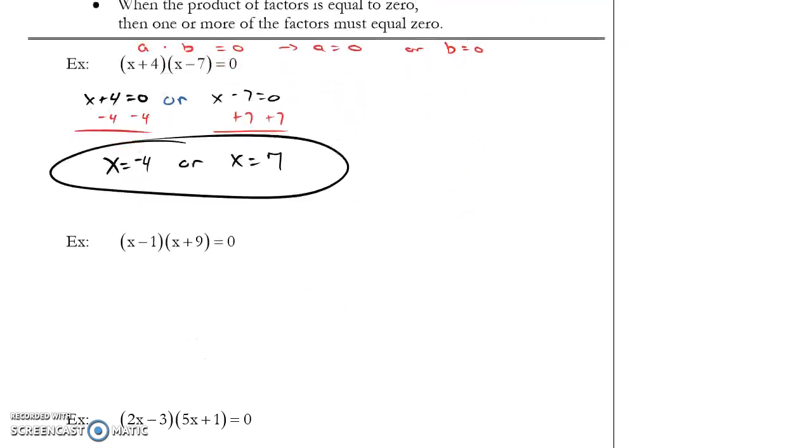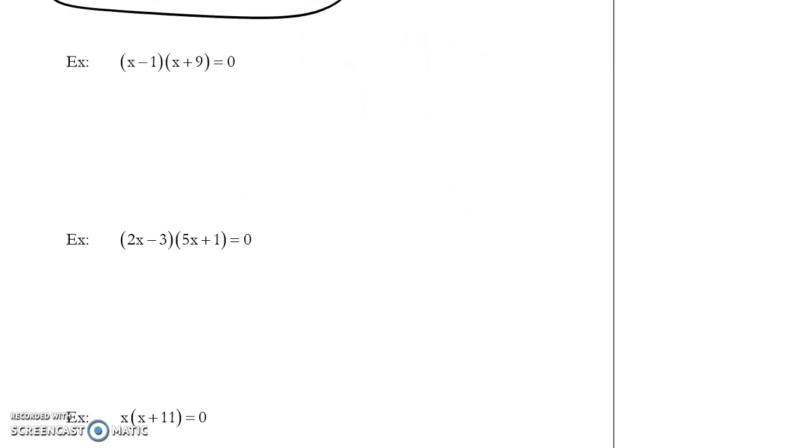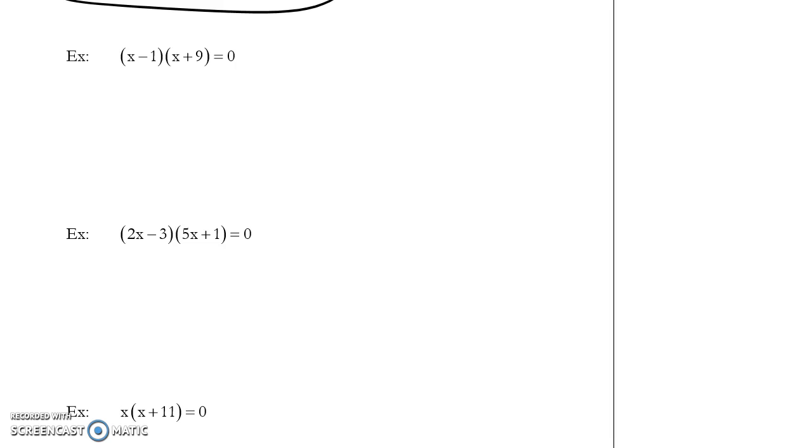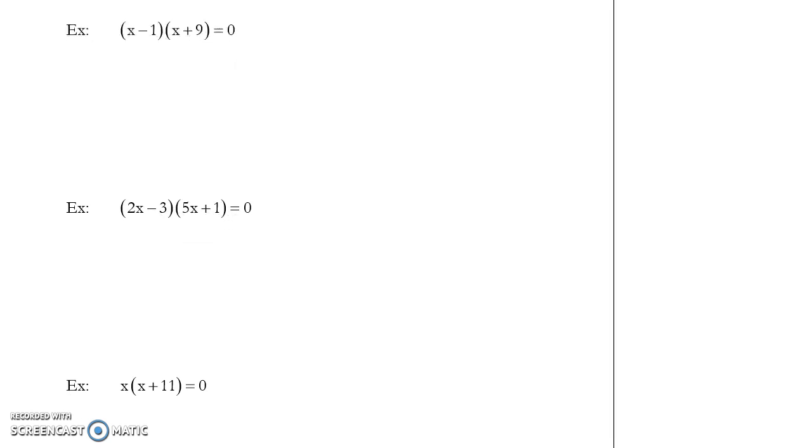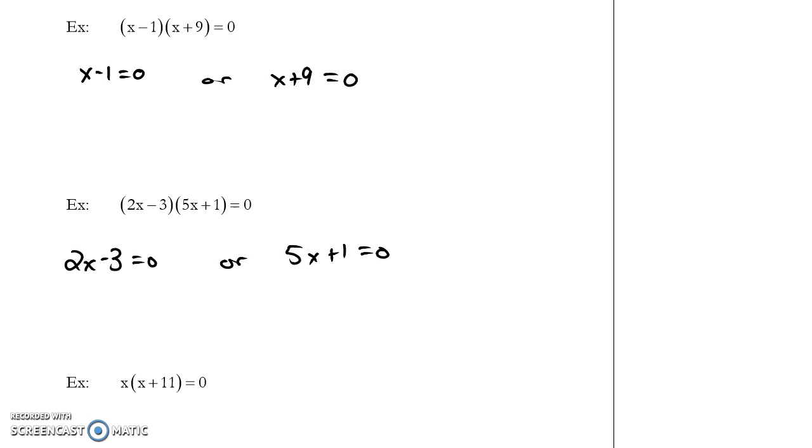I want you guys to go ahead and press pause and see if you can solve the next two. You can stop for the third one if you want, and we'll talk about that. But solve these using the zero product property. So at first I'll just show what our first step is. We set our two binomials equal to 0. The second step is solve each one separately.